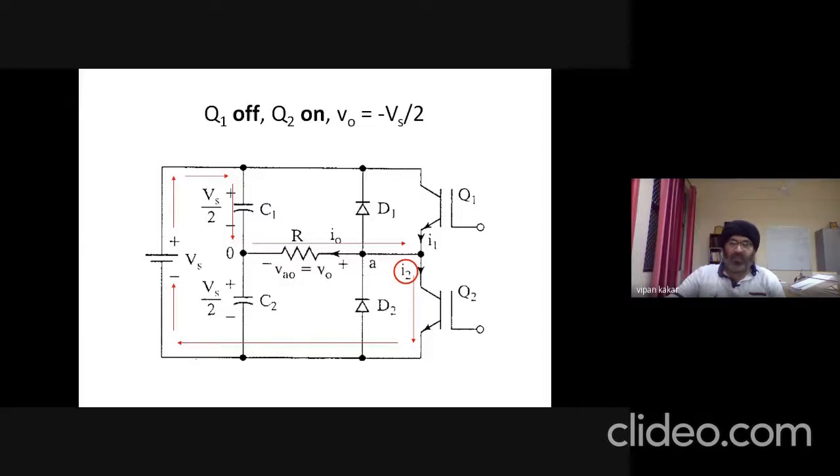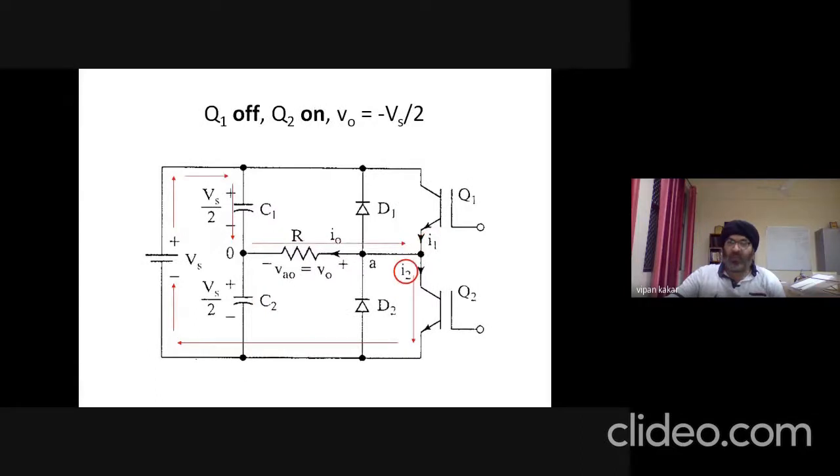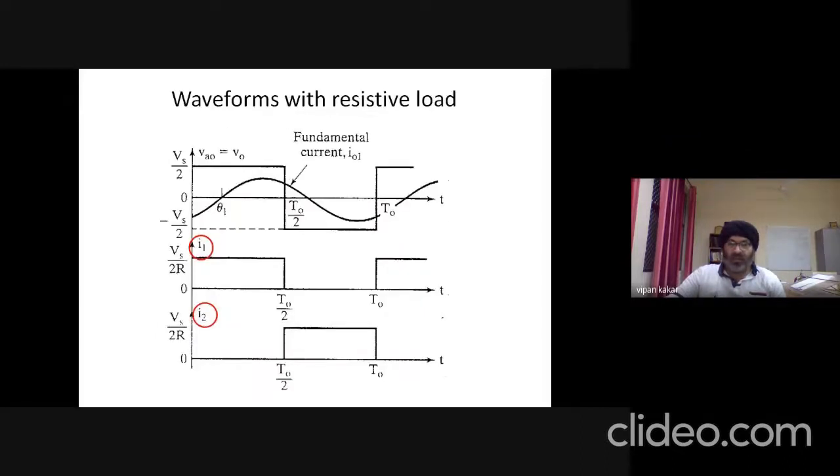If previously it had a positive value, now it has a reverse value, minus. So by alternately switching these two switches on and off, we can have alternating polarity of the voltage across the load, positive and negative. We can easily say that this DC supply has been converted into an alternating voltage supply at the load. So these are the waveforms.